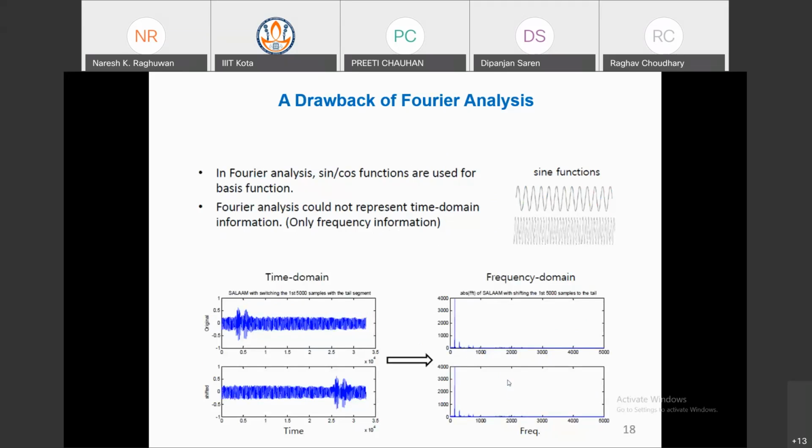The Fourier analysis could not represent the time domain information, meaning at what time the signal has a peak. This is the time domain and this is the frequency domain. In the frequency domain, we miss the time information. This is the drawback. So what will we do?